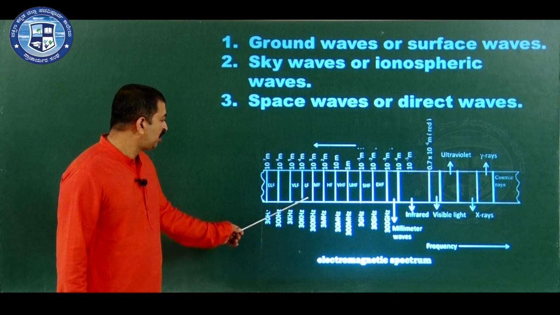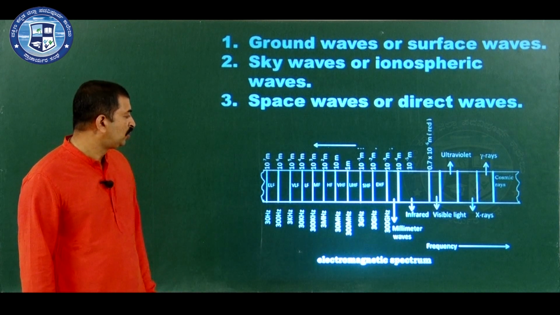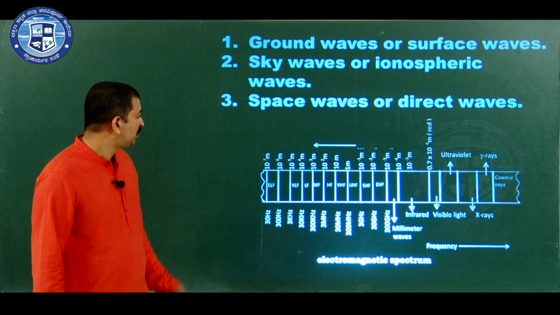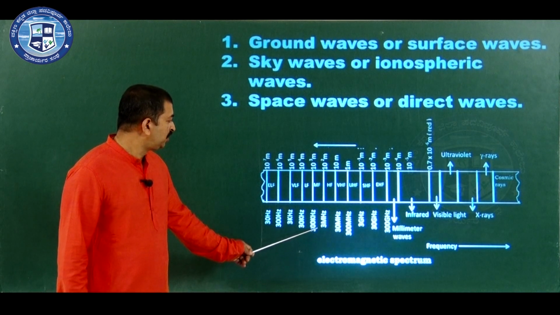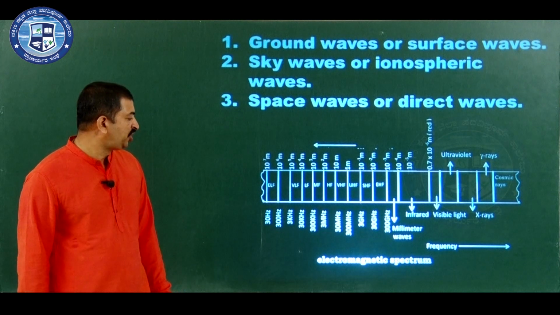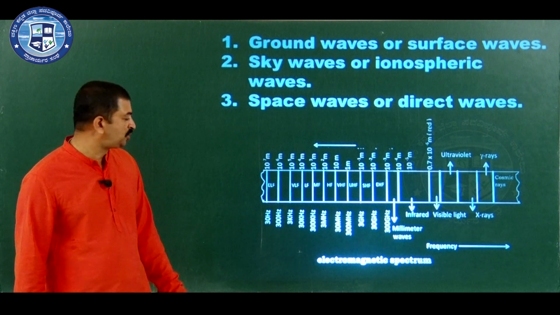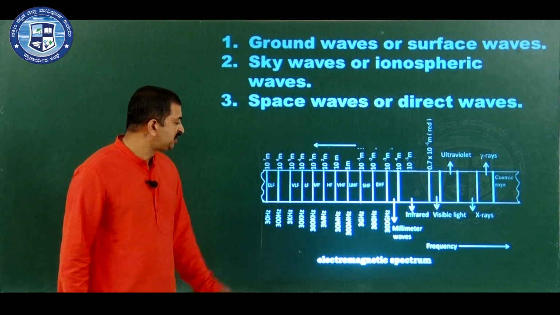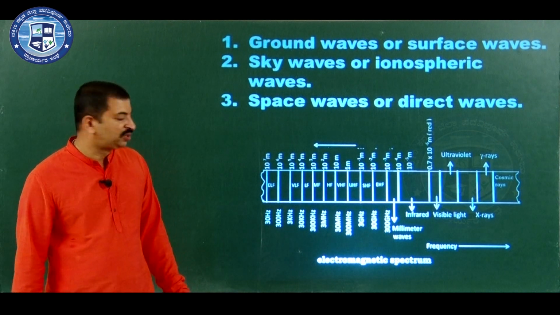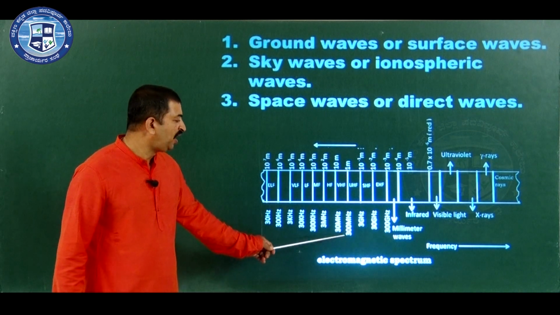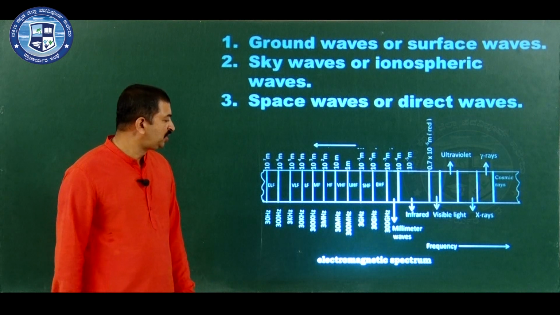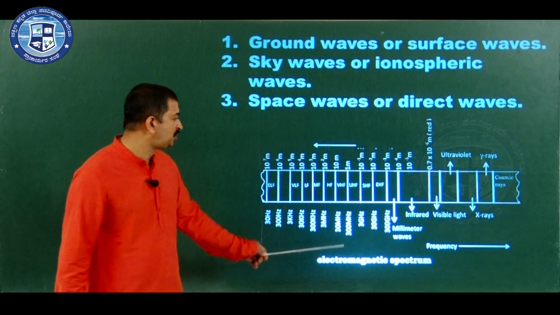The next is the low frequency signal, 30 kilohertz to 300 kilohertz. And then the medium frequency, 300 kilohertz to 3 megahertz. High frequency signal, 3 megahertz to 30 megahertz. Very high frequency signal, 30 megahertz to 300 megahertz.